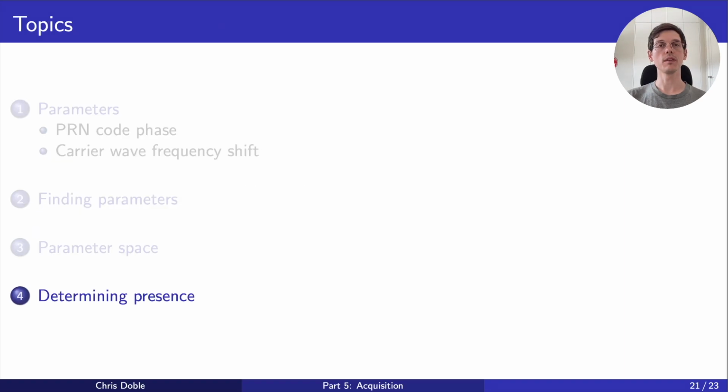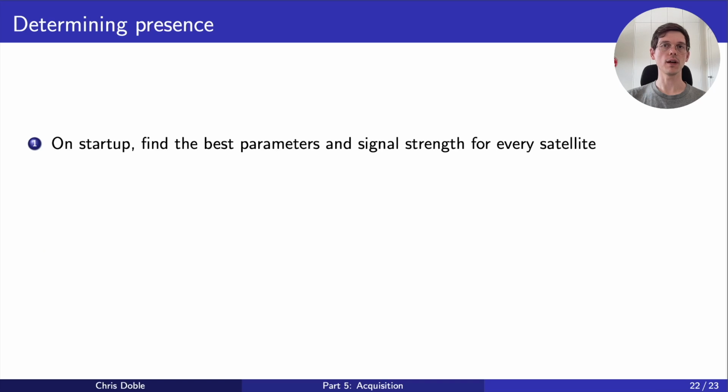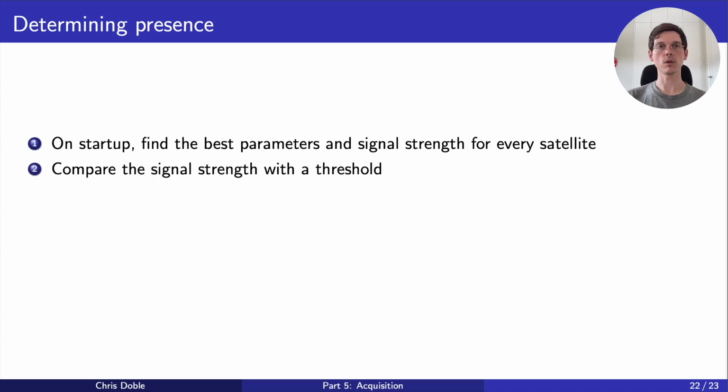So that's how you determine the best parameters for a particular satellite. But how do we use them to check if the satellite is present? Well, on startup, the receiver finds the best parameters and the associated signal strength for every satellite in the constellation. The satellite signal strength is compared against a threshold that's determined experimentally.